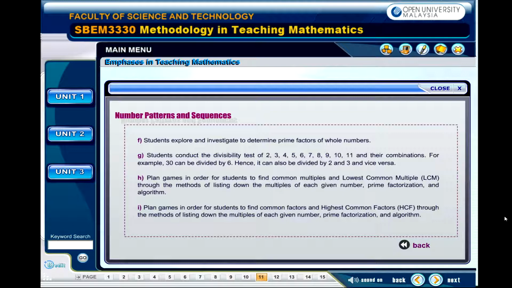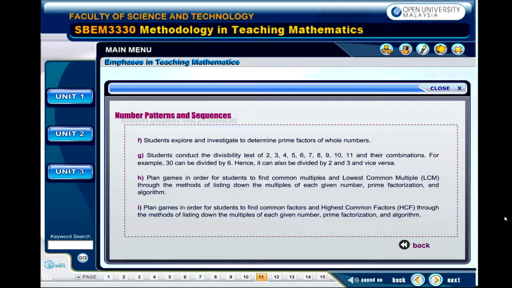G. Students conduct the divisibility test of 2, 3, 4, 5, 6, 7, 8, 9, 10, 11, and their combinations. For example, 30 can be divided by 6. Hence, it can also be divided by 2 and 3, and vice versa.